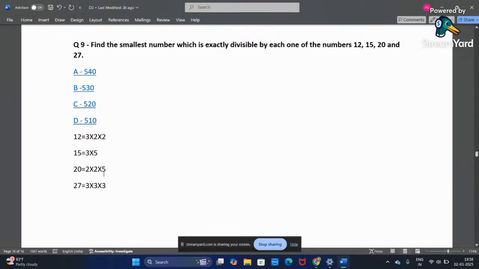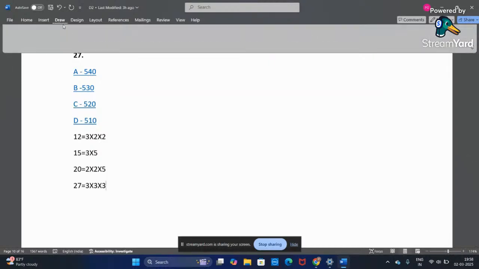Find the LCM for this. Find the LCM. I'll draw.